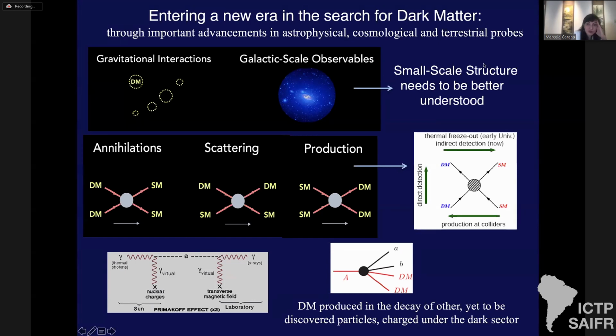But the small scale structure needs to be better understood, and we hope that galactic scale observables will shed light on these small scale structures. And of course, I'm not going to get into a debate about missing satellites or the cusp-core problem or too big to fail.